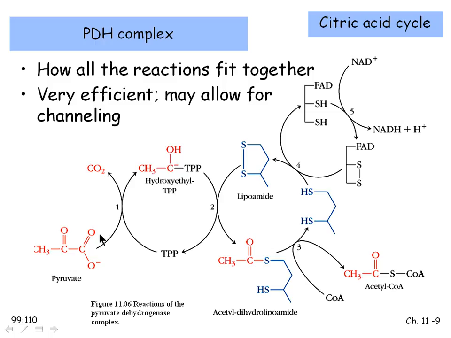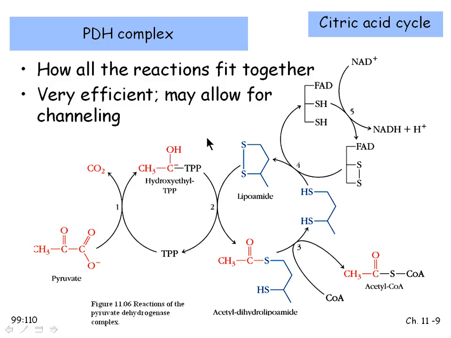And what you can see is that once the pyruvate enters the pyruvate dehydrogenase complex, it doesn't actually leave the complex until it's acetyl-CoA with the electrons and an NADH. There's some reason to think that it may provide for what's called channeling, so that all the intermediates are kind of funneled onto the right spot at the right time and not just sort of a chaos of collisions and so forth.